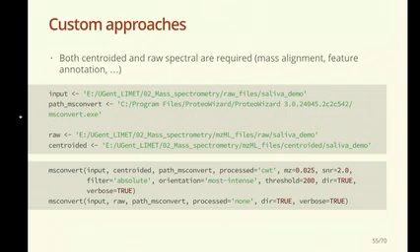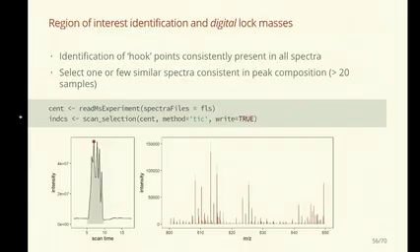I'll quickly go through some code, and I hope to make some of the data preprocessing approaches that we're developing public quite soon. We need both the raw spectral data preprocessing and the centroided data in all of the different steps that we have. So we start with, for example, a pooled QC set, because it's the most reproducible as well, and on the scan with the highest summed intensity, we identify the hook points that we want to use for both the inter-batch mass correction and our spectrum-specific mass corrections.